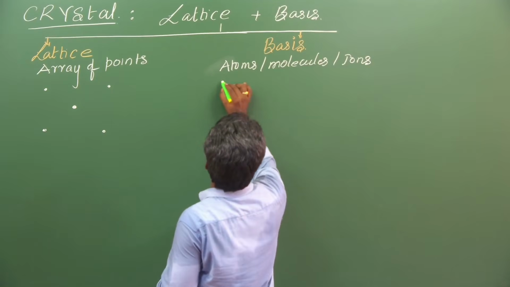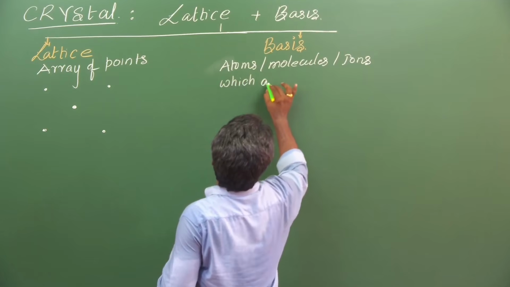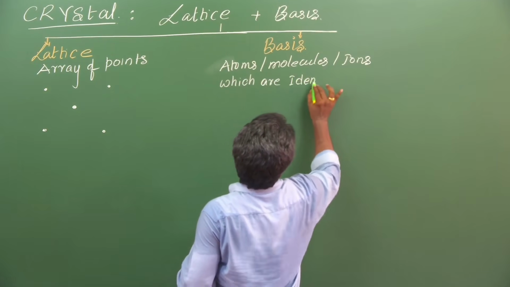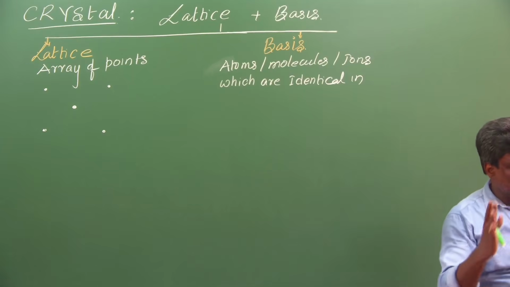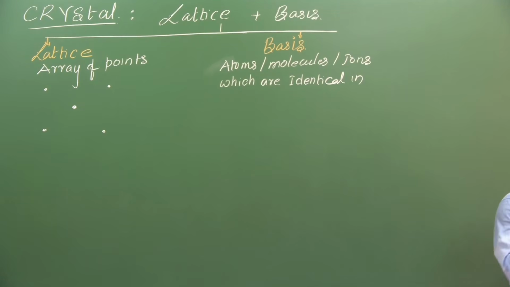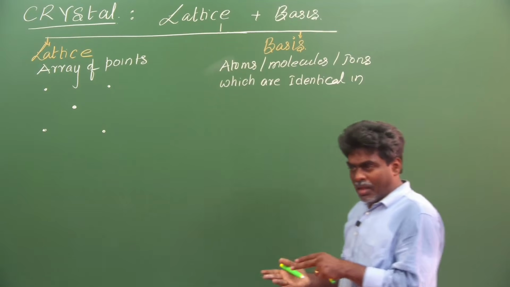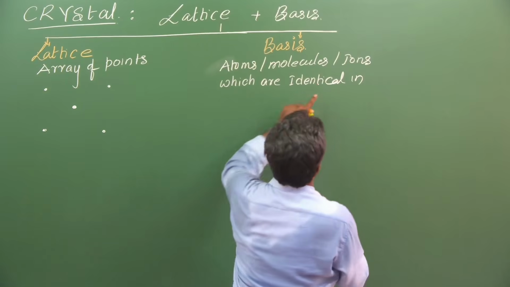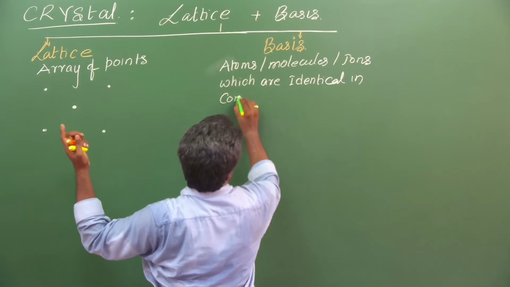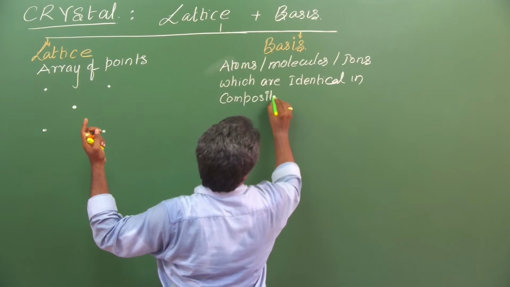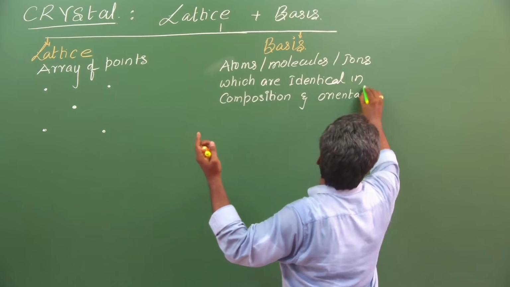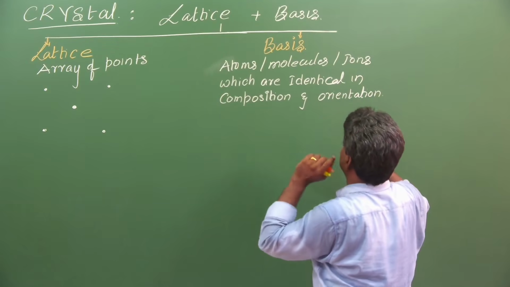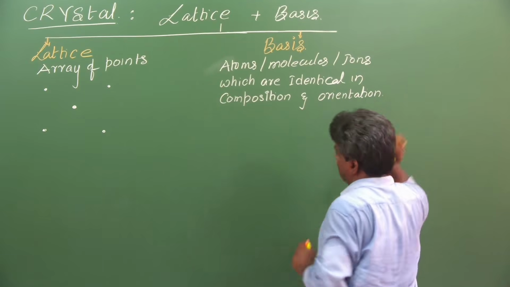But remember, which are identical. Don't simply say atoms are basis, molecules are basis, ions are basis. If you want to say that it is a basis, you can take a group of atoms or molecules or ions, but which are identical in composition and orientation, something like that.